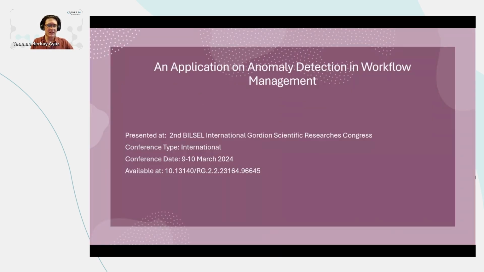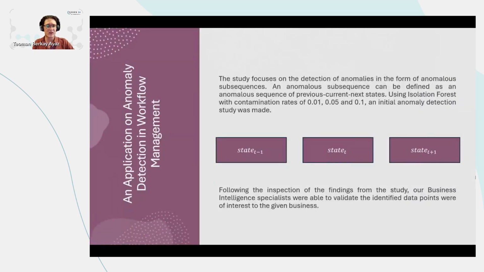So the first study I'd like to present is the first study we've done for the development of the framework. So the study focuses on the usage of isolation forest for anomaly detection over business process event logs processed to represent previous, current, and next state subsequences.